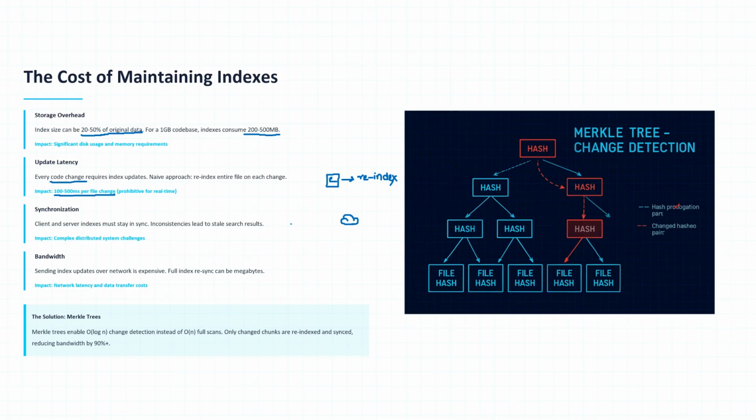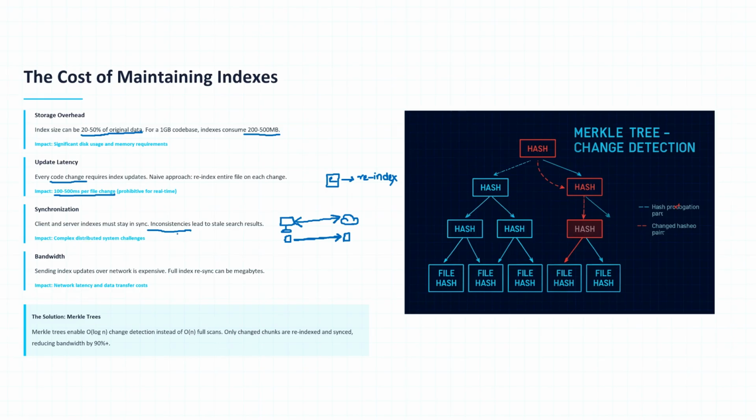And that is the reason why I need to sync from my local machine to the cloud periodically, which means again that whatever change I have here in the index should also be reflected almost immediately on the remote server. Now, this becomes a distributed system problem, and you have to optimize this entire thing to avoid inconsistencies inside of the index. This is the third problem of maintaining indexes.